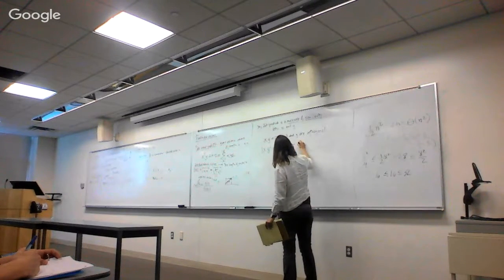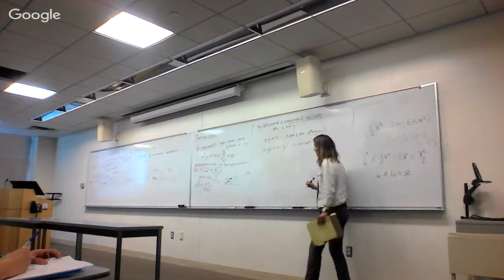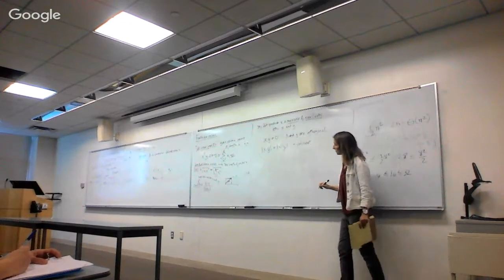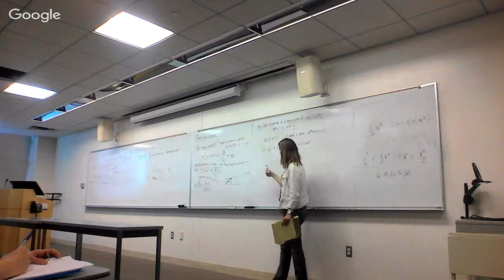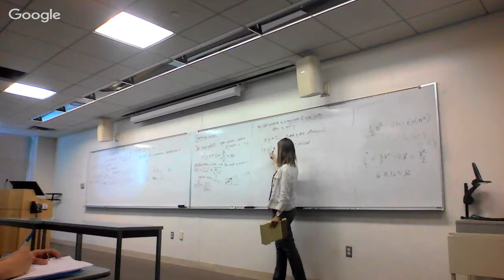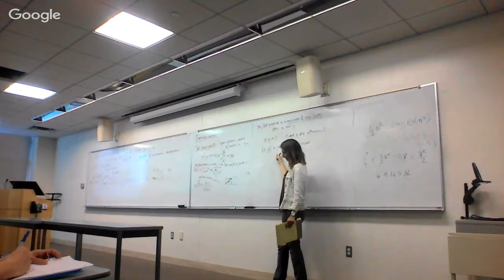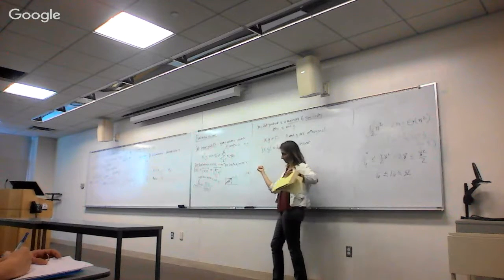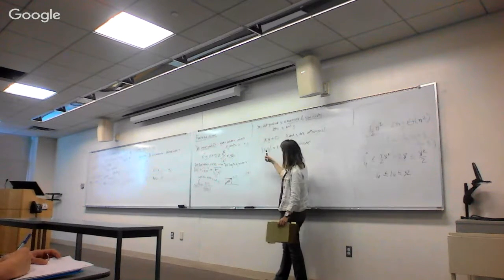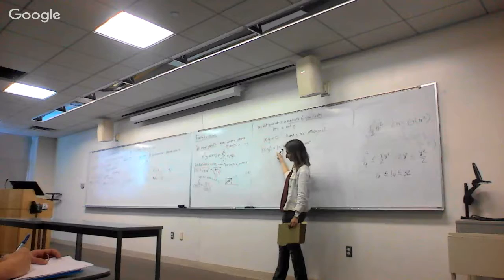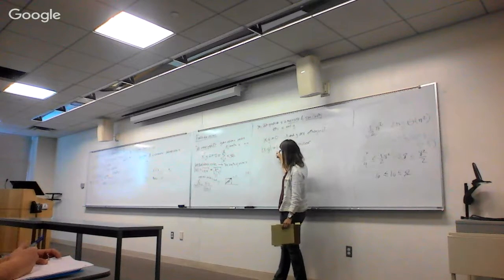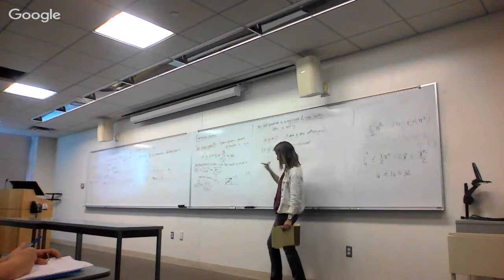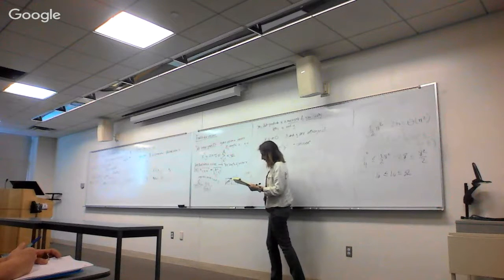Then they're collinear. If x dot y is negative of this quantity, then they point in opposite directions on the same line. If x dot y is positive and equal to this quantity, then they point in the same direction.